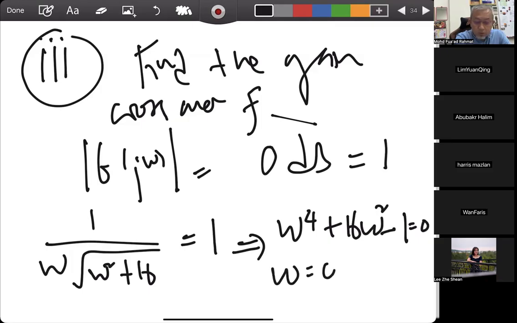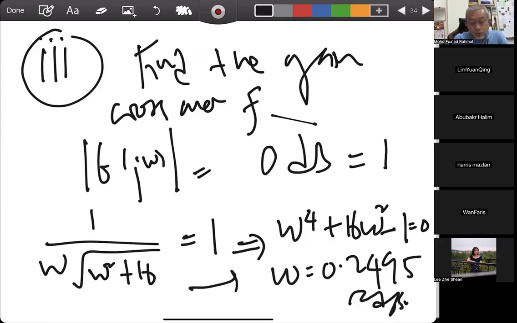So omega is 0.2495. You have 4 answers, so you choose only one that can satisfy these equations. That's why you must have the calculator that can find the roots of the fourth-order equation.